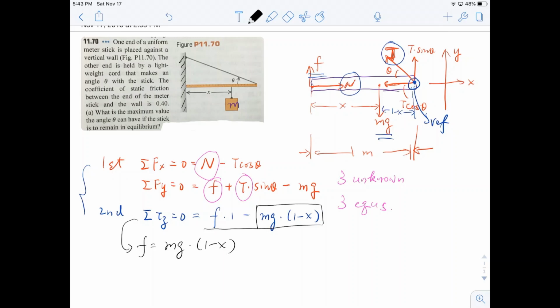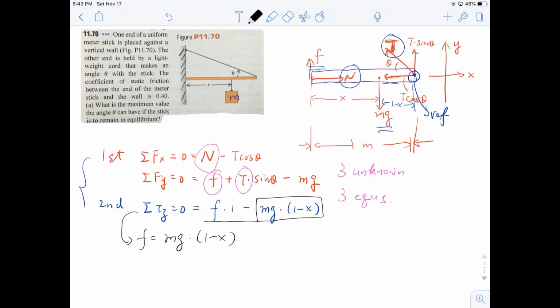Now we want to calculate the tension and the normal force. Let's first calculate the tension, and then we can move that into the second equation. With this equation, we have the normal force equal to T times cosine theta.